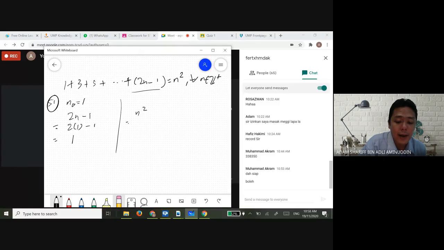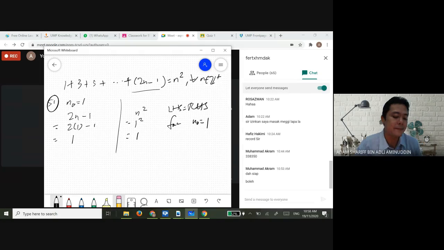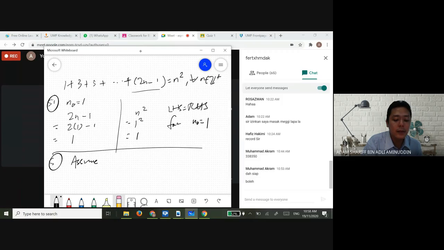So n squared equals to 1 squared equals to 1. Left hand side equals to right hand side for the case of n not equals to 1. So for the second one, you just assume that the summation of 1 plus 3 plus 5 until 2k minus 1 equals to k squared. Pun tak ada masalah ini.